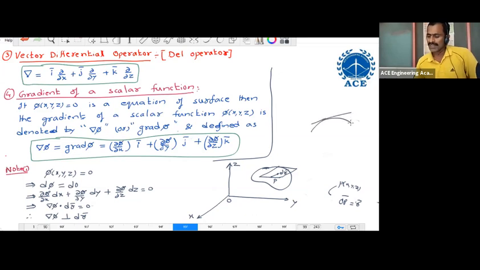If any line touches the curve, this line is called tangent to the curve only. And this point is called point of contact. At this point of contact, if we draw a line perpendicular to this tangent, then this is called normal only. If this is tangent, this is normal only. And for this shape of the curve, we take this as the positive direction of normal, and this inward direction as the negative direction of normal only.